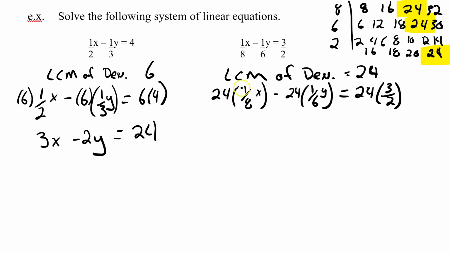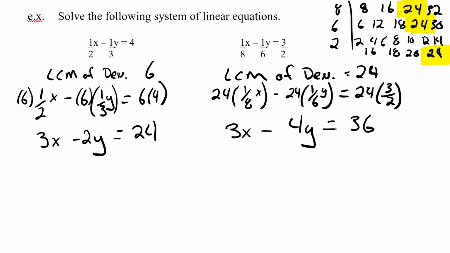So this is 24 times 1 divided by 8. Well, that gives me 3x. Minus 24 times 1 divided by 6. That'll give me minus 4y. And we want to watch this a little bit. 24 times 3, that's positive 72. 72 divided by 2 is 36.